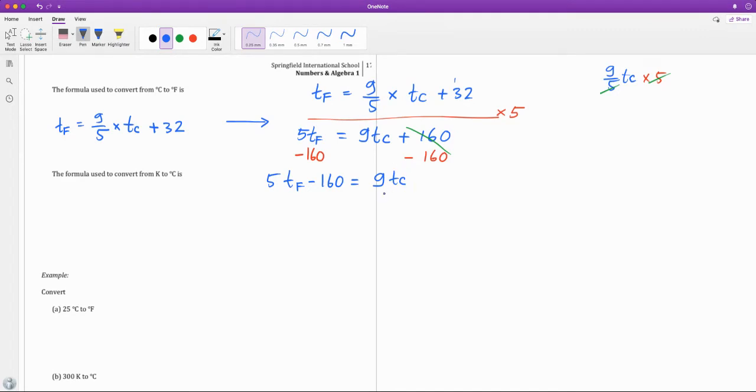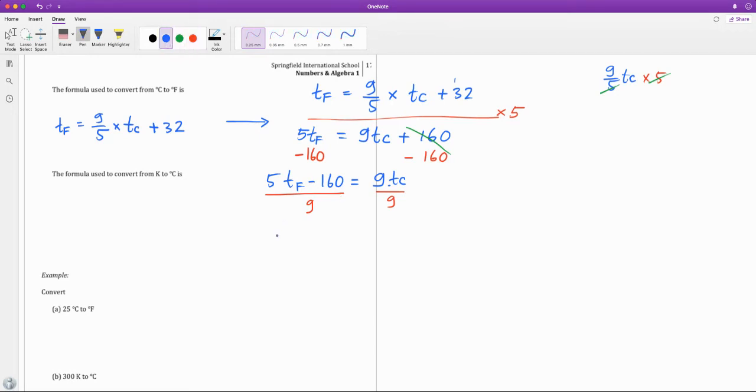To make TC the subject, on the right-hand side we need to divide by 9 because it's a multiplication here, the inverse operation. We have multiplication. The inverse is division. So we need to divide by 9. The one on the left-hand side, everything divided by 9.